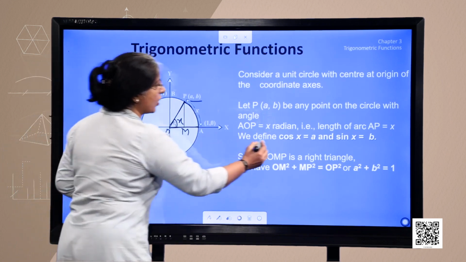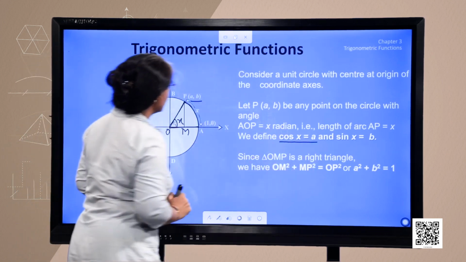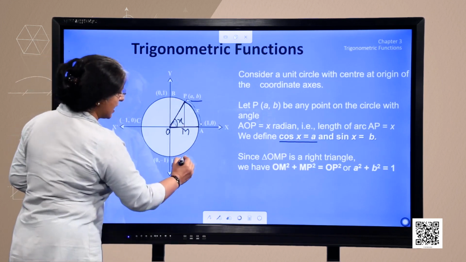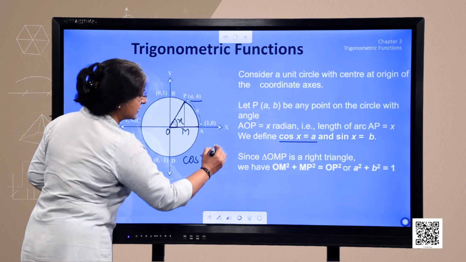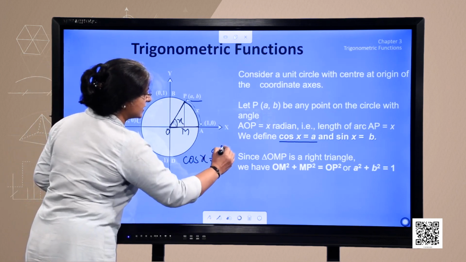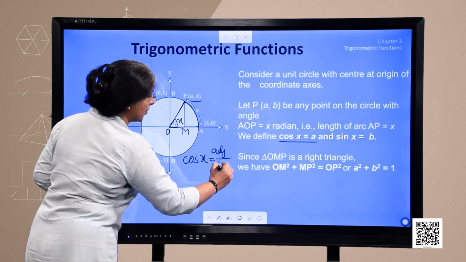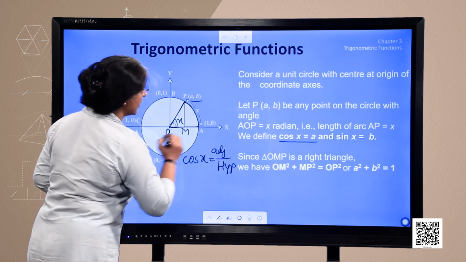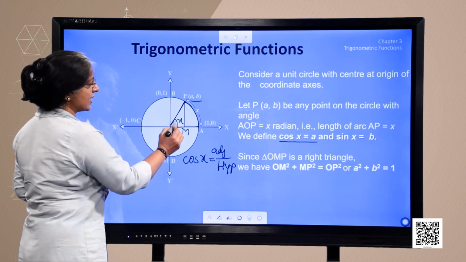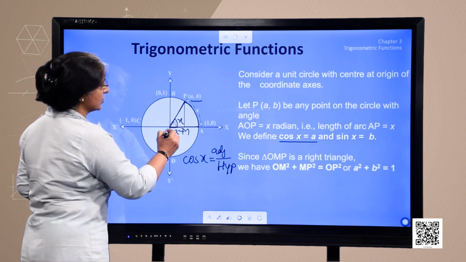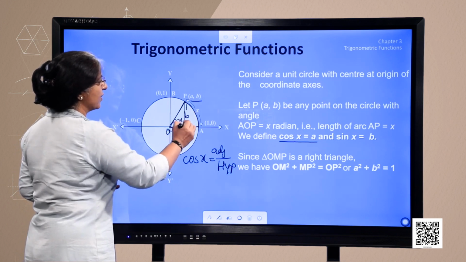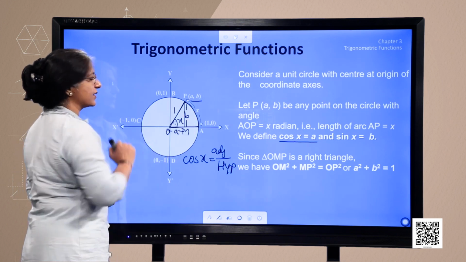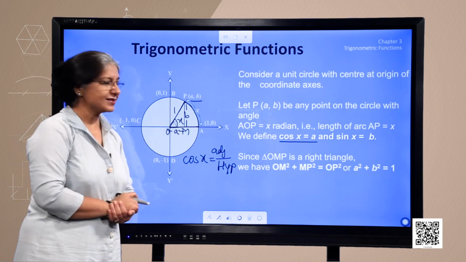Why can we call cos X as A? Because, as you have studied in earlier classes, cos X is defined by adjacent side upon hypotenuse. Here, the adjacent side to angle X is A because the coordinates are A, B and the perpendicular is B, and the hypotenuse is 1 since it is a unit circle.